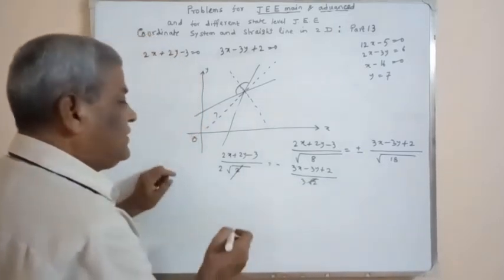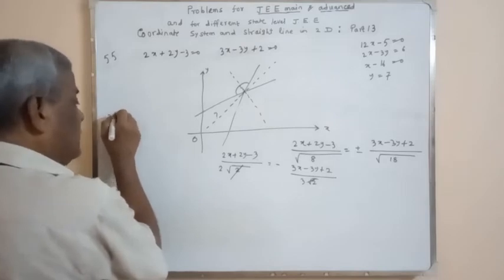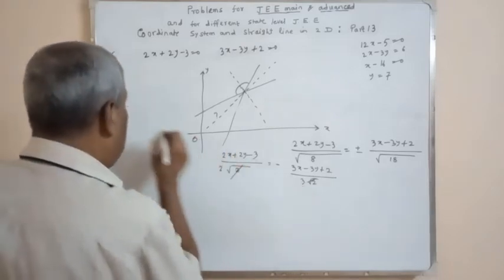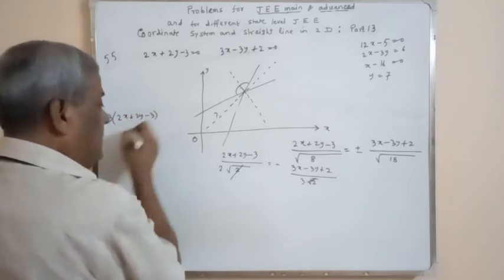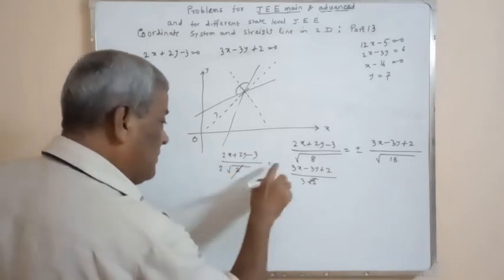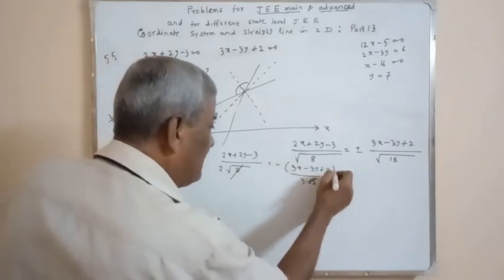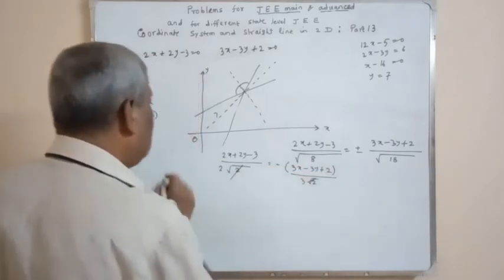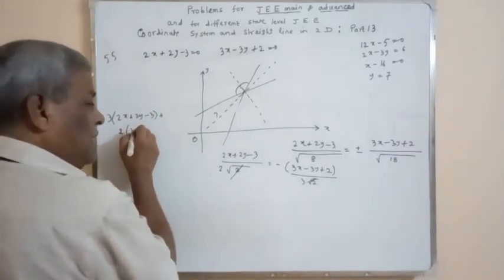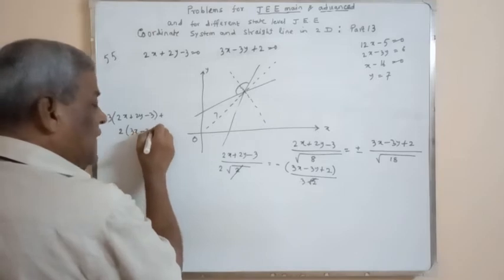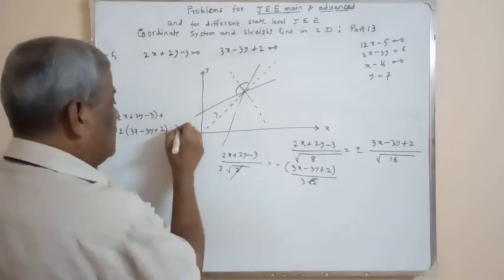So the required equation is 3 into (2x + 2y - 3) is equal to negative of 2 into (3x - 3y + 2). This plus that is equal to 0.